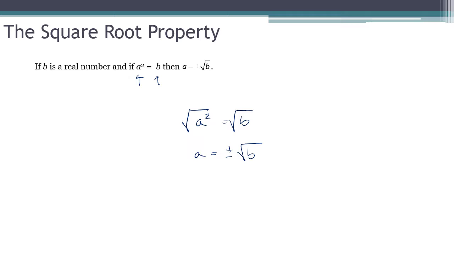The square root of B squared is B, and minus the square root of B squared is also B. So we need to include both of those. Really make a big note of that to yourself. That's one of the most common errors I see in students who are using this: they forget that plus or minus, and they end up losing literally half the answers.